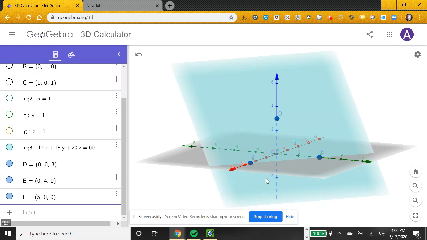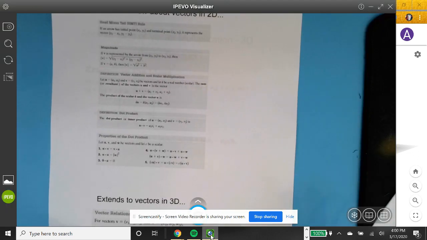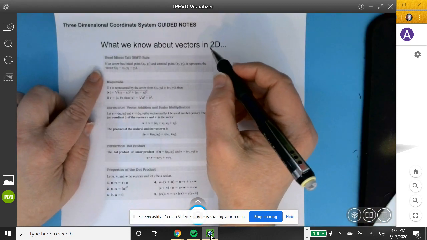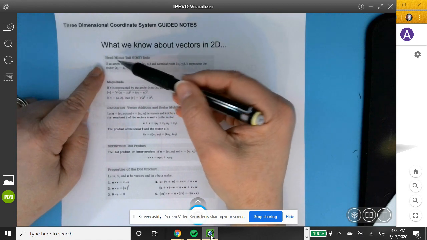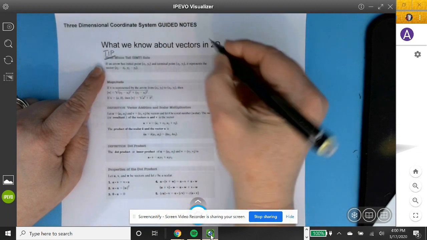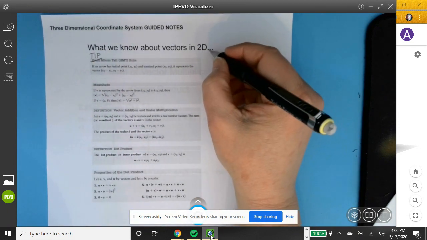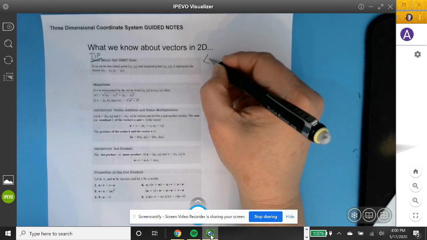All right, last, let's talk about vectors, because that's what our topic was originally. Well, what do we know about vectors in 2 space? Well, we know that vectors in 2 space, and I got this from your book, that we have the head minus tail rule, which I like to call the tip. So if I want to do component form, and I have 2 vectors, what do we do? We take the tip minus the tail.